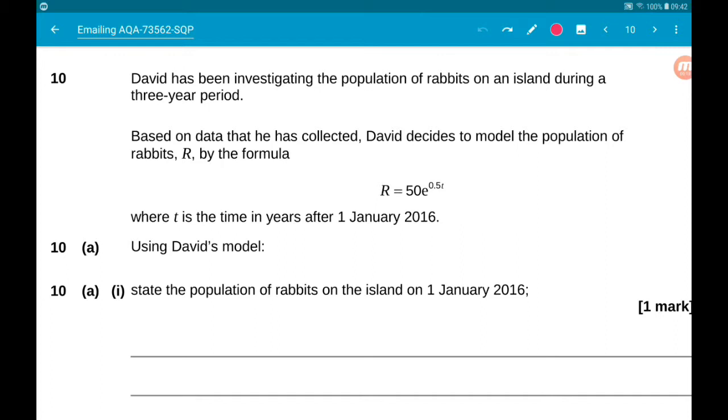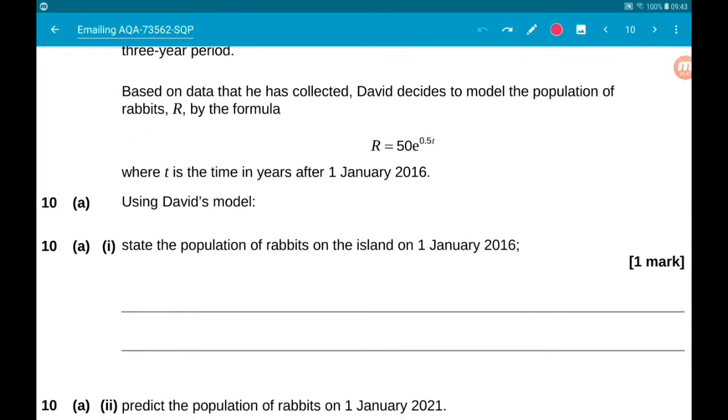Based on data that he has collected, David decides to use the model R equals 50 e to the 0.5 t, where R is the number of rabbits and t is the number of years after the 1st of January 2016.